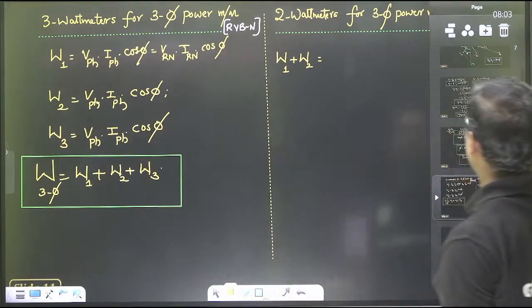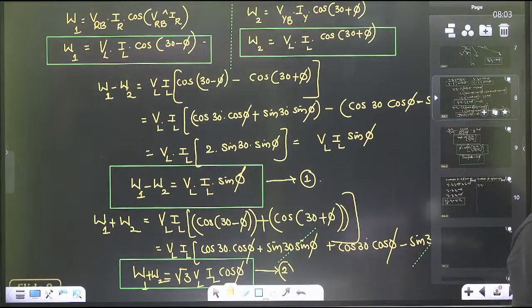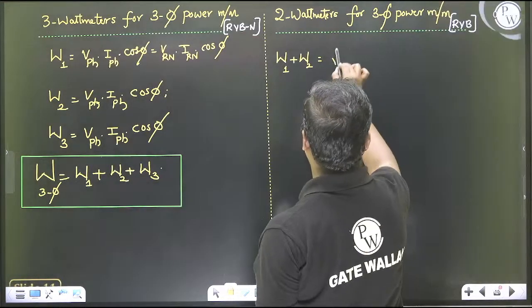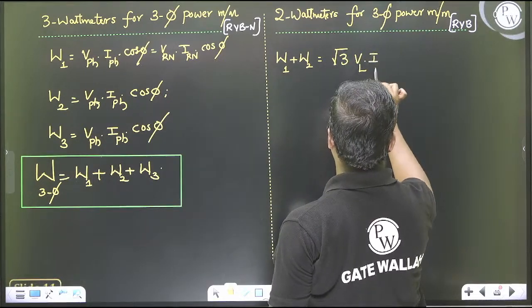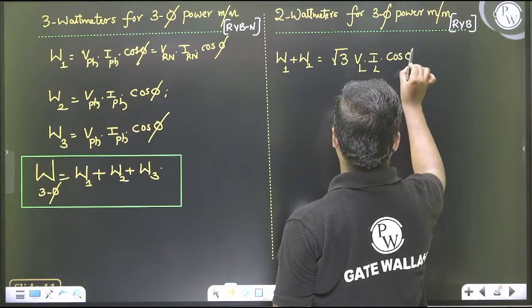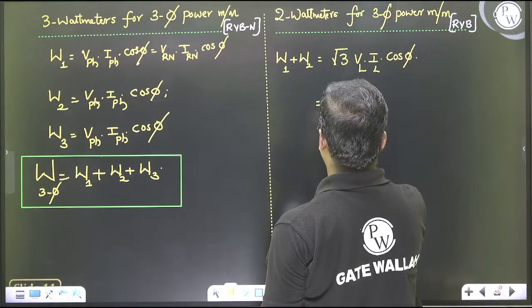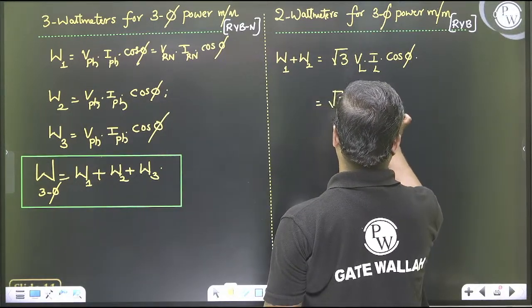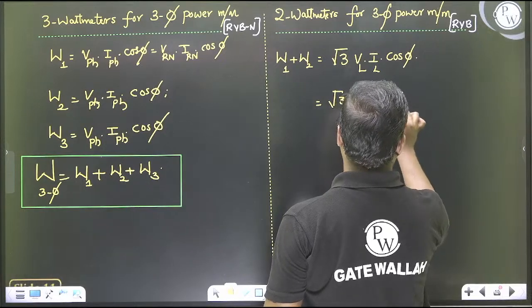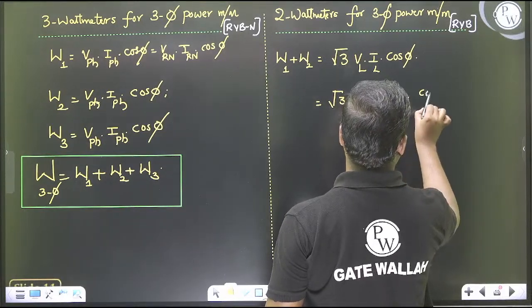हमारा एक्सप्रेशन W1 प्लस W2 क्या आ चुका है, √3 VLIL cos phi आ चुका है. So here this VL I can write it as √3 VPH into IL is equal to IPH.